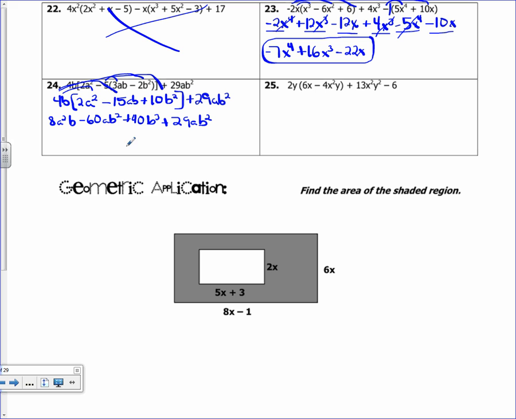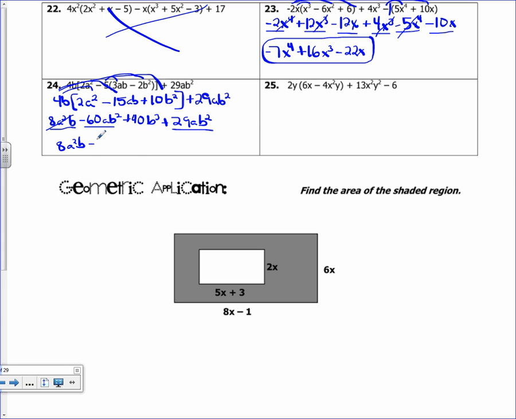Okay, and one final step is combine like terms. Remember, alphabetical order comes first, so the a squared, it's got the most a's in it, and there's nothing to add it with, it looks like, so that just is 8a squared b. All right, next we've got these ab squared terms we can combine, negative 60 and positive 29.